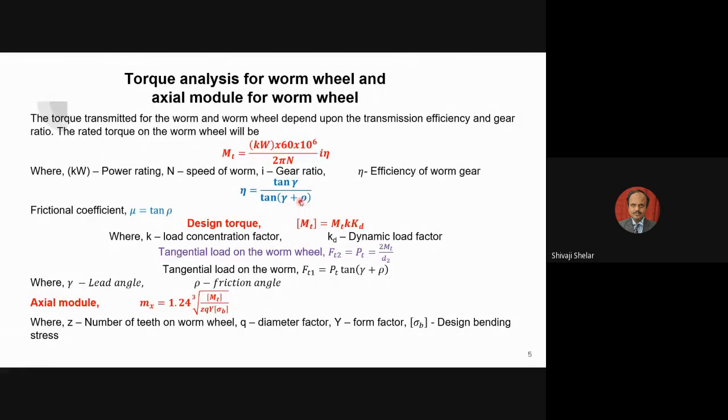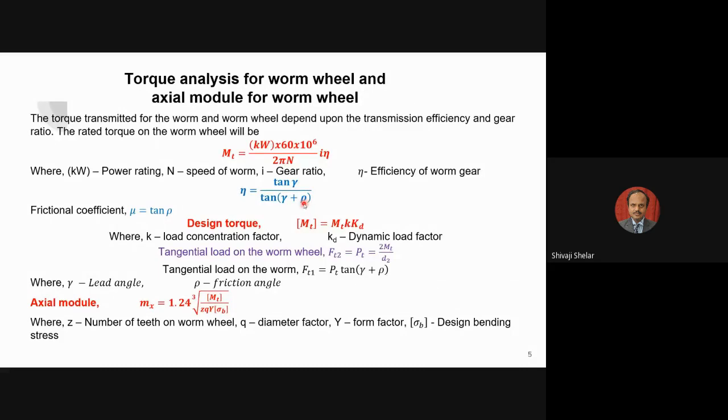Then rho is your friction angle. There is friction between the tooth surface of your worm wheel and the worm thread. Based on the coefficient of friction mu, you can calculate rho. So tan rho is equal to mu.